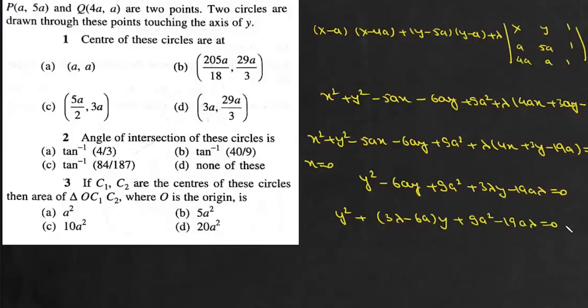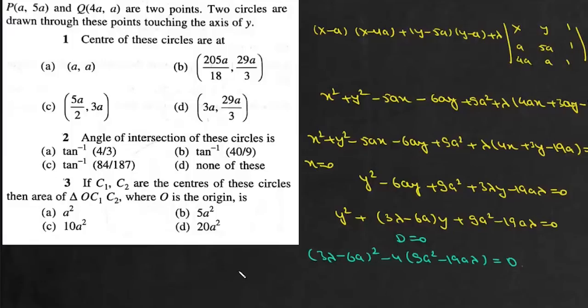Now since it touches the y-axis, there should be only one point of intersection, and if a quadratic equation has only one solution, that means the value of d must be 0. So we'll get 3 lambda minus 6a whole square minus 4 into 9a square minus 19a lambda, it should be equal to 0.